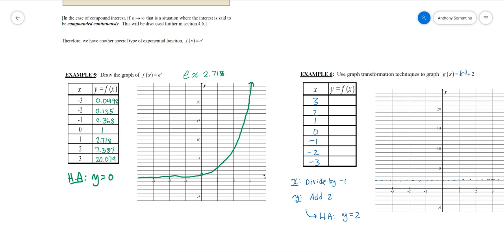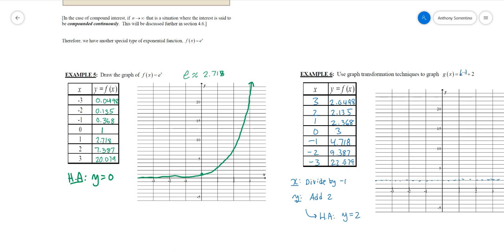So basically all these are going to be added by 2, so this is going to be 2.0498, this is going to be 2.135, this is going to be 2.368, this is going to be 3, 4.718, 9.387, 22.079.